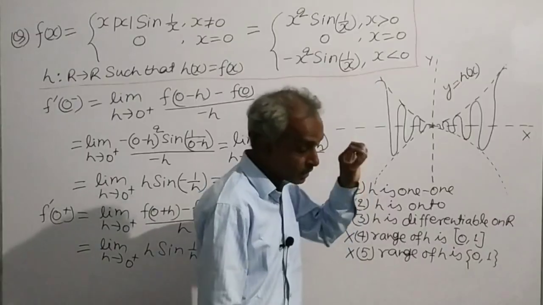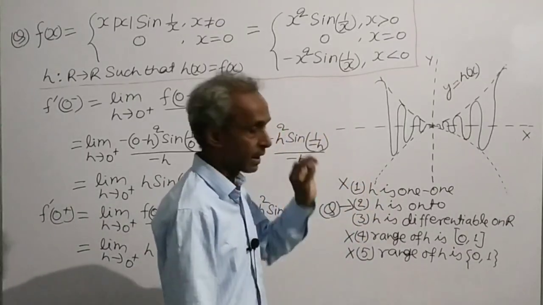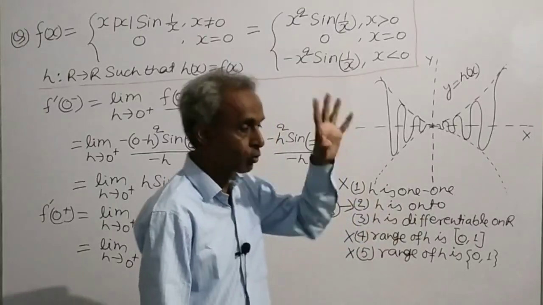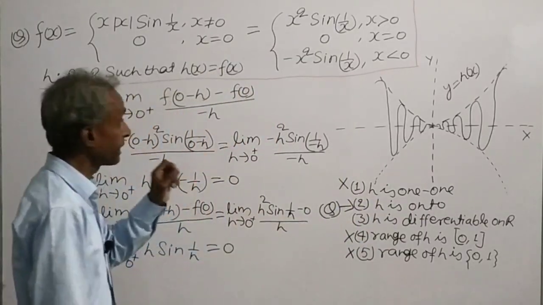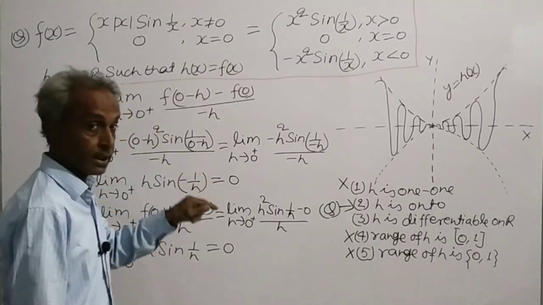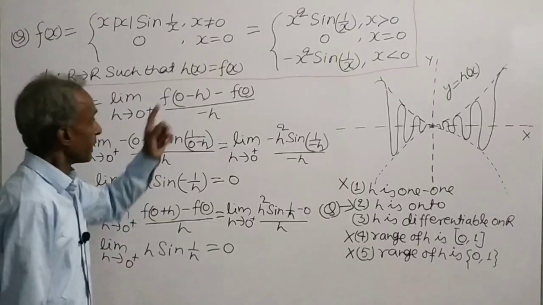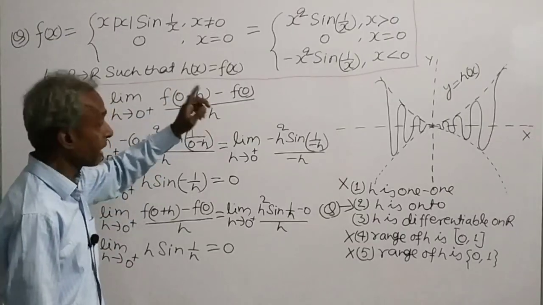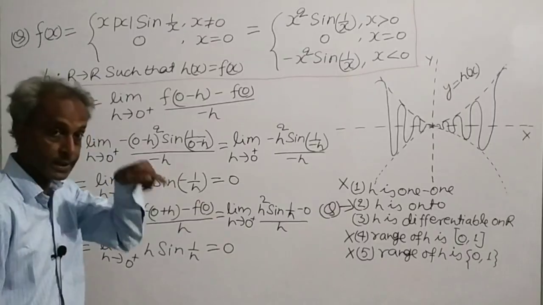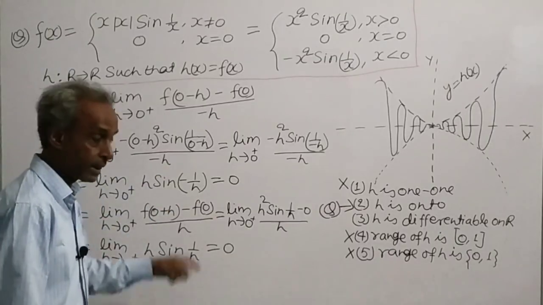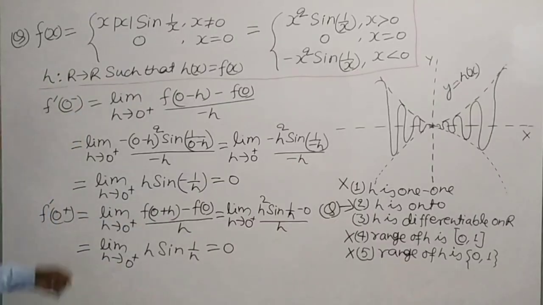Therefore, x is equal to 0 is the point of suspicion, point of doubt. Therefore, we will check differentiability of hx at x is equal to 0. hx will be differentiable when fx will be differentiable. Therefore, we check differentiability of fx at x is equal to 0.